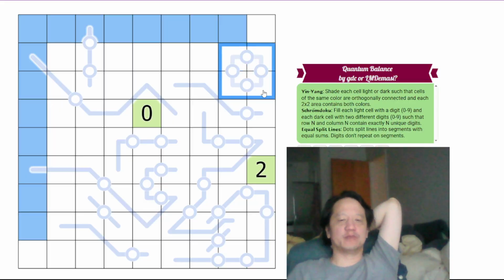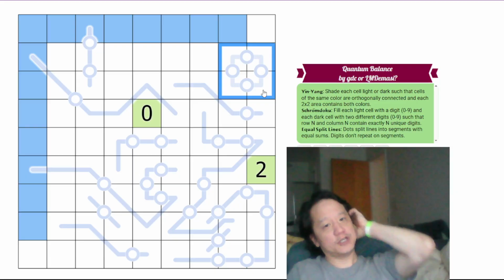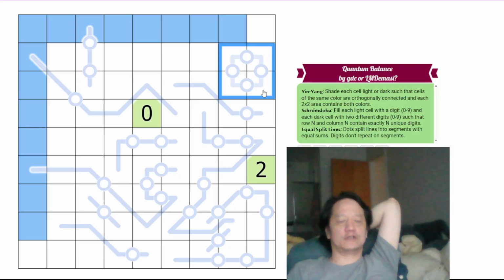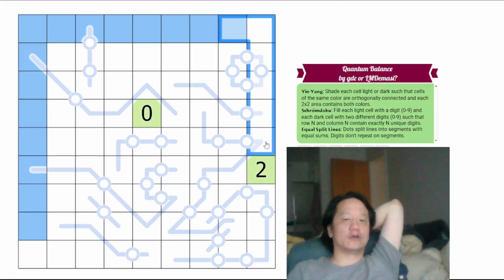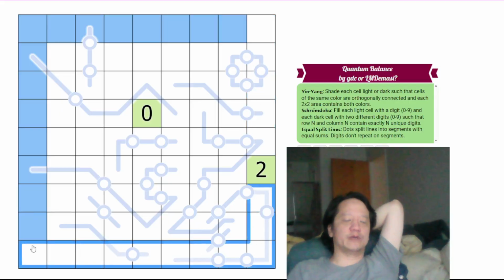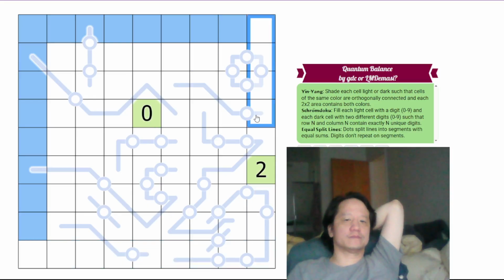Obviously, one of them has to be blue because you have to have both colors in a 2 by 2 region. But this is still definitely correct. It's all blue here and all blue here. It could extend blue here. It could go all the way here, right? This could all be blue technically. But it could be blue and green here, right? And then this is green, green, green. So then again, this space would work that way.